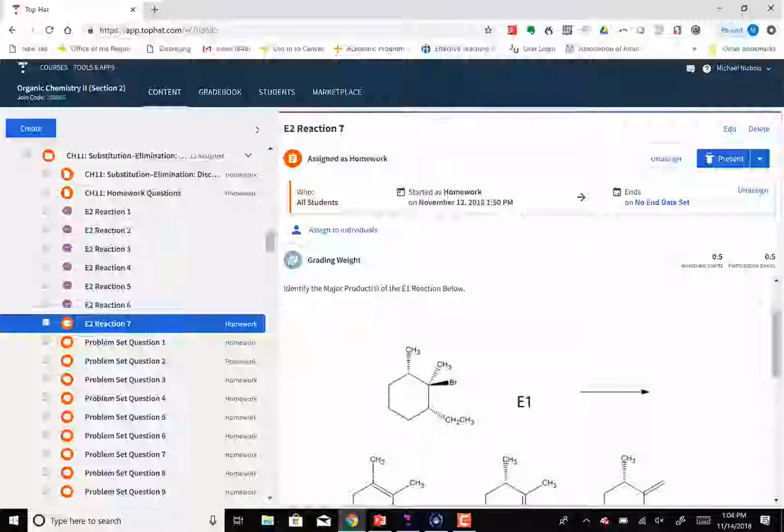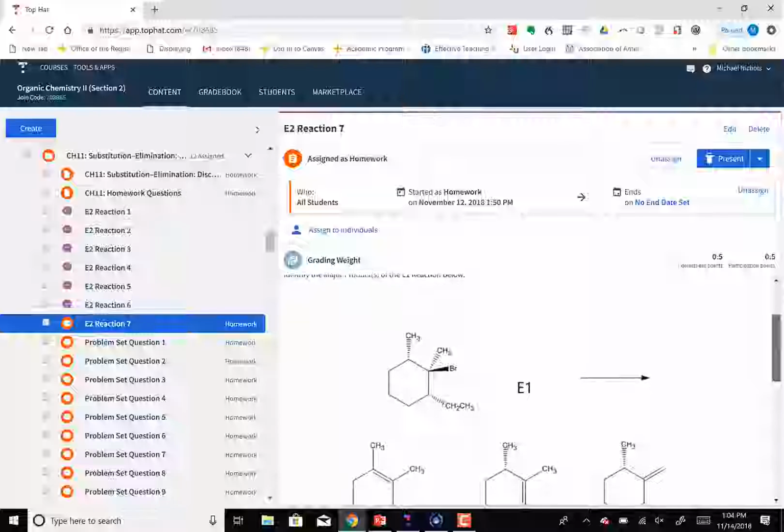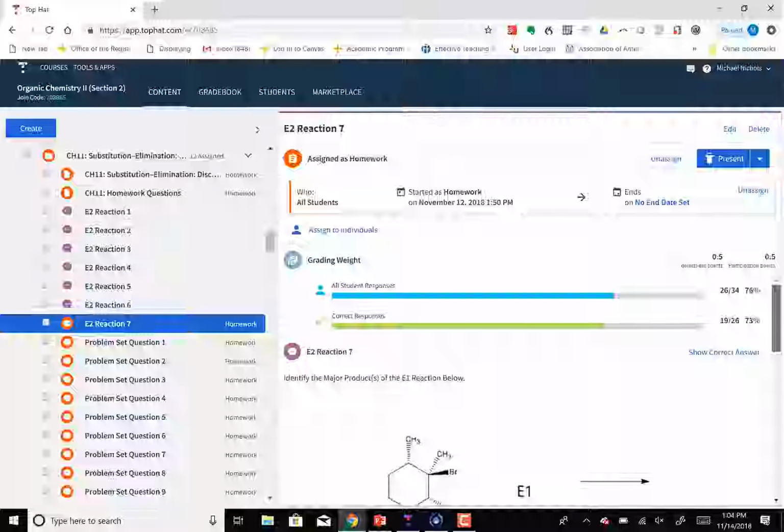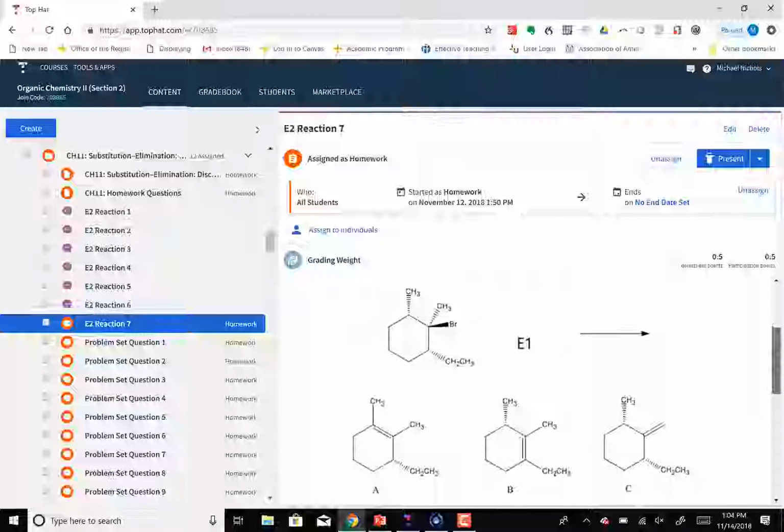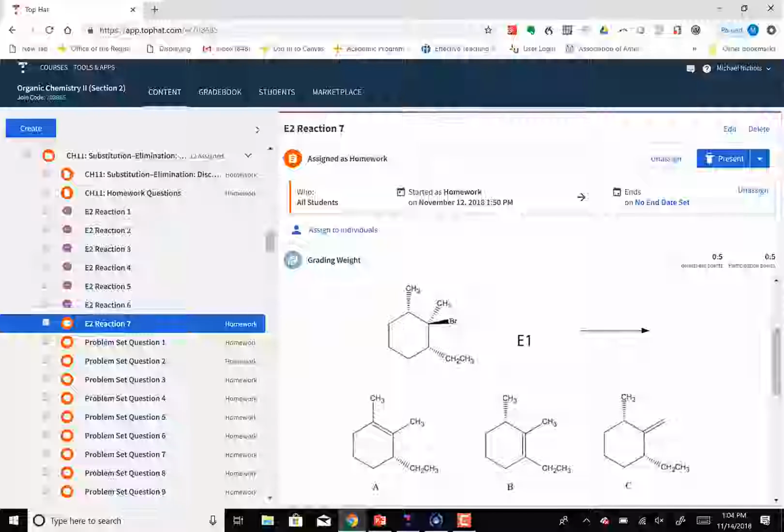Okay, question number. All right, let's go over this. So this one, 73% got right. This is problem 7. If we do an E1 on this, what's the major product of the reaction?